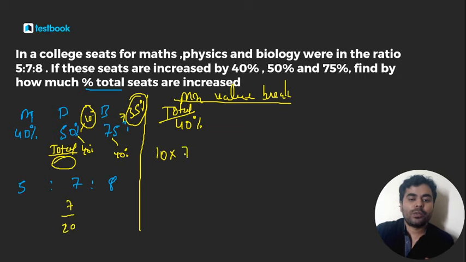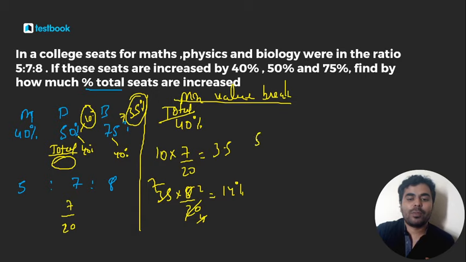Okay, 10 into 7/20, and this 35% is also going to impact total seats according to its strength, so 35 into 8/20. So what we get here, this is 3.5 and this is 7, this is 4, this is 2, here we get 14%. So 40 plus 14 is 54, the answer will be 57.5%. So this is the shortest method to tackle such type of questions.